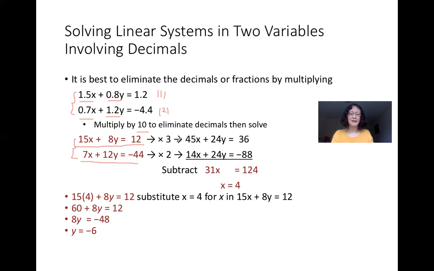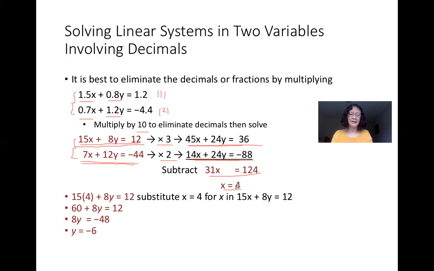This is one solution provided here. For this equation, multiply every term by 3, and you get this equation. For this one, multiply every term by 2, and you get this equation. The purpose is to do subtraction. When you subtract these 2 equations, you get this one, and solve for x.